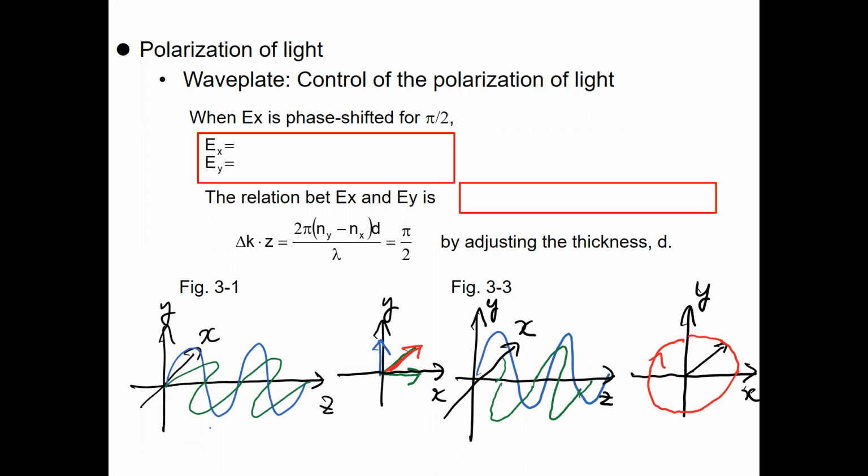Okay, then EX equals EX0 sin(kz + pi/2), which is equal to EX0 cos kz, and Y is still the same.